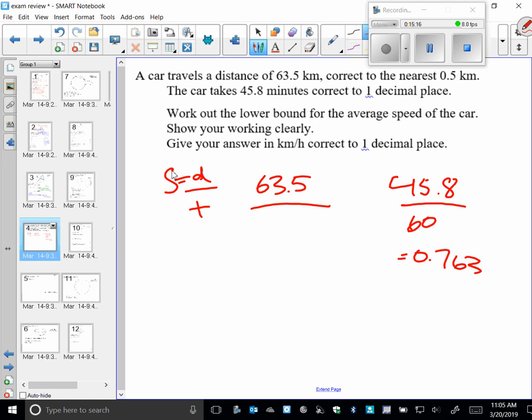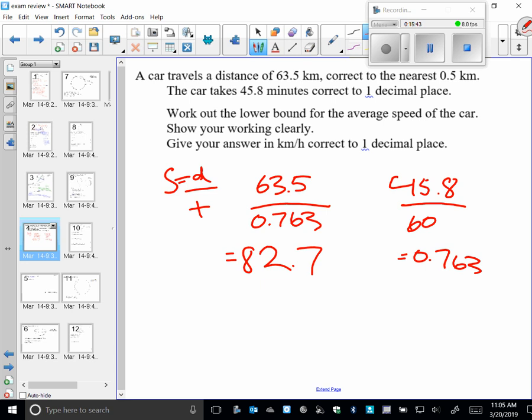No, that's the time in hours. So you just enter it in here, and then you do this, and then you get 82. You may have by chance got the correct answer, but that's not quite what they were looking for.